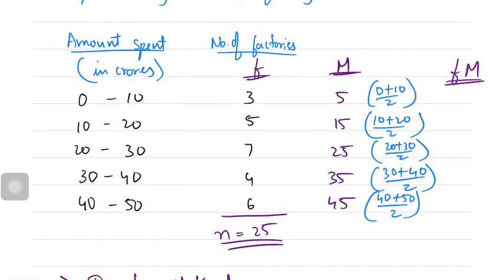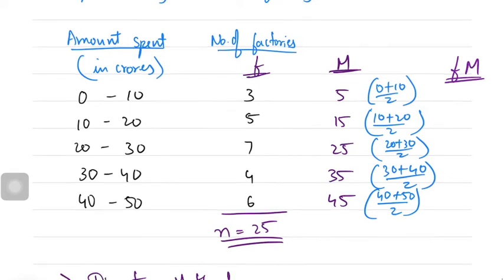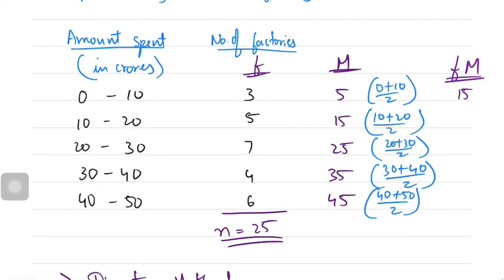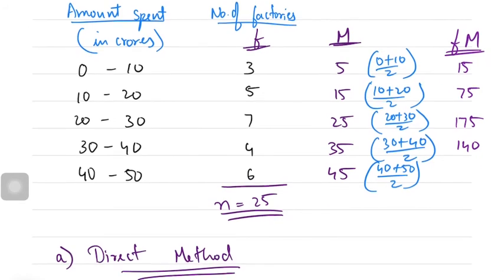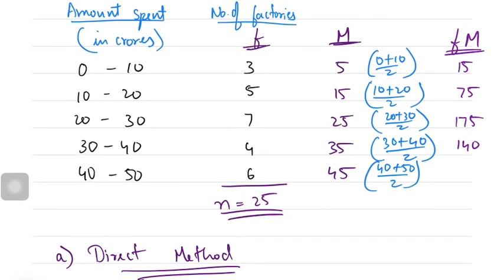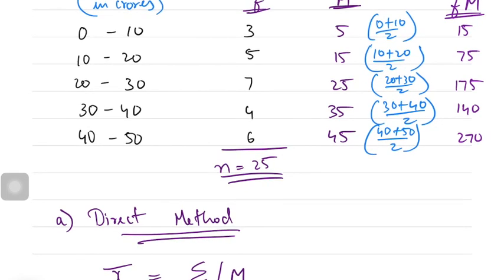So 3 into 5 is 15. 15 into 5, 75. 25 into 7, 175. 35 into 4, 140. And 45 into 6, 270. Okay. The total of this, that is summation fm, is equal to 675.